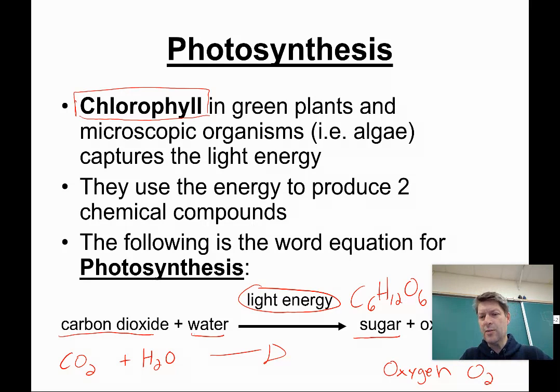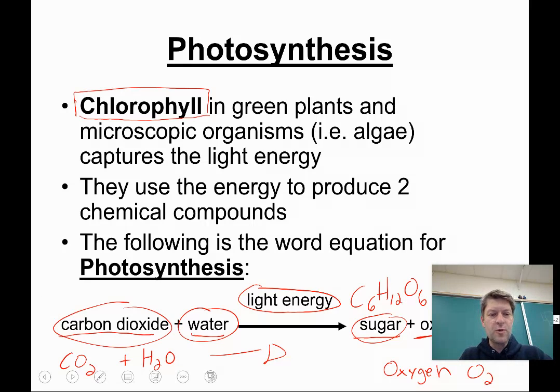Don't worry about the chemical formula for now. Worry about the word equation. It takes carbon dioxide and water with some light energy to produce sugar and oxygen. It's a very important process. Life on Earth would not exist without this process.